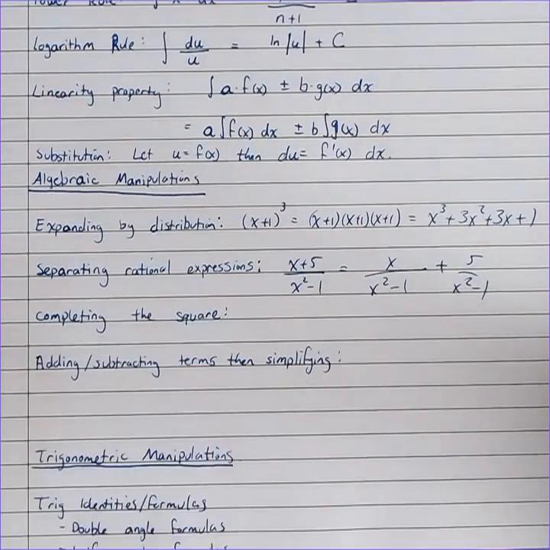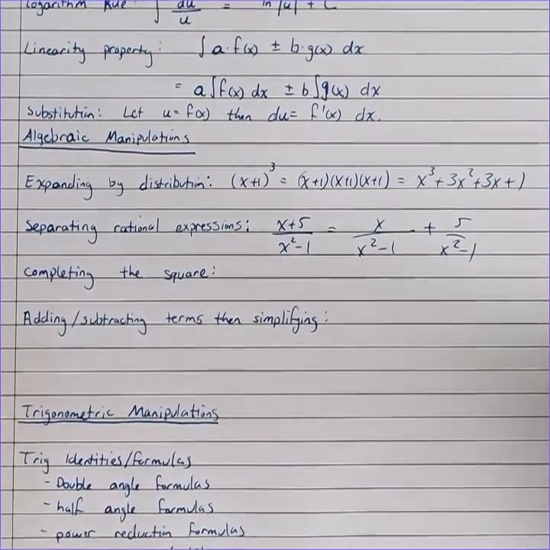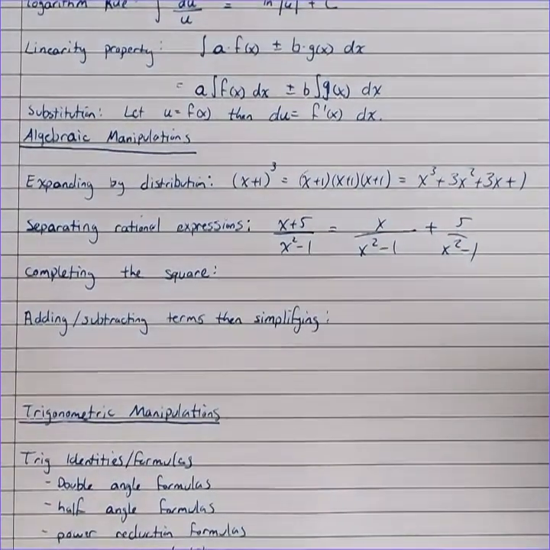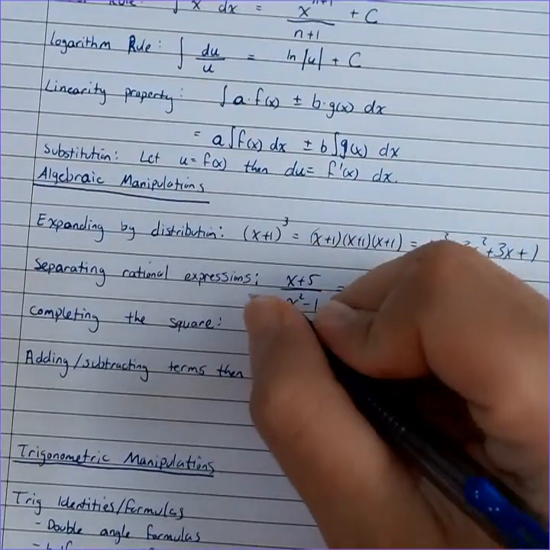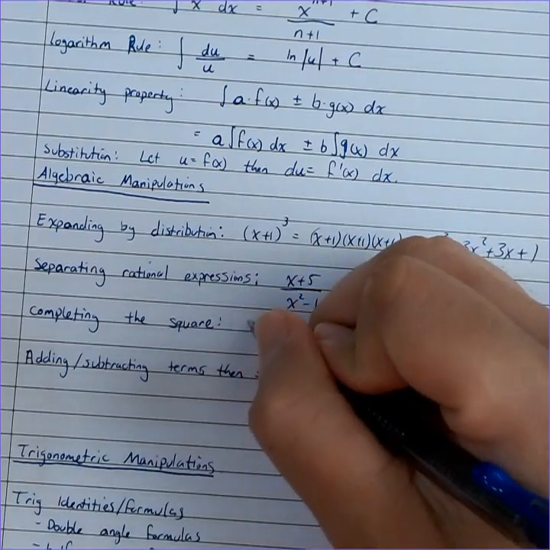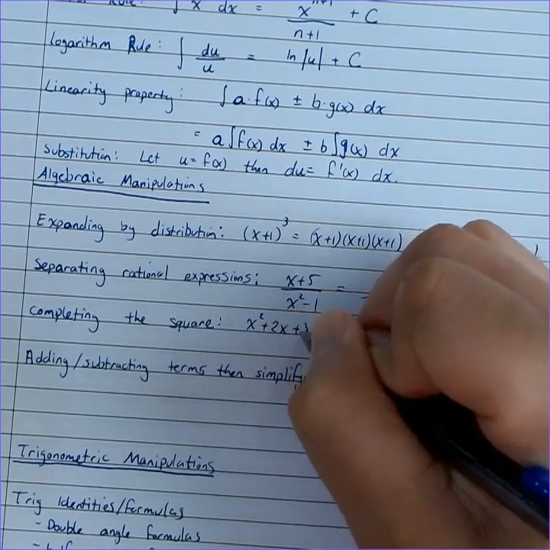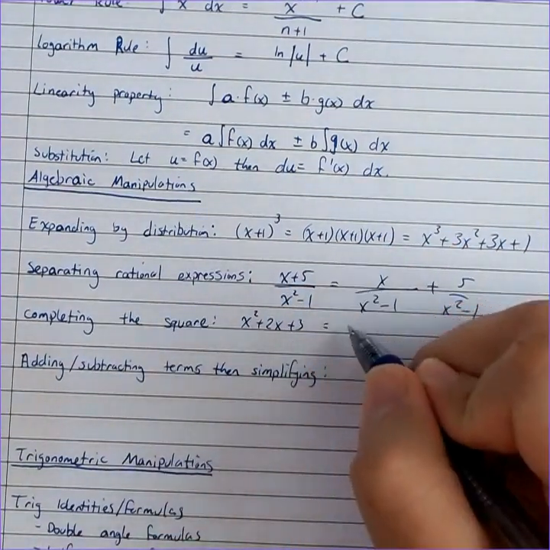Okay. Completing the square is useful, especially when we're going to be looking at trigonometric expressions, and as we already saw in chapter 5, looking at the inverse trig integrals. Completing the square, where you take something that looks like x squared plus 2x plus 3, and you rewrite it as the sum or difference of squares.